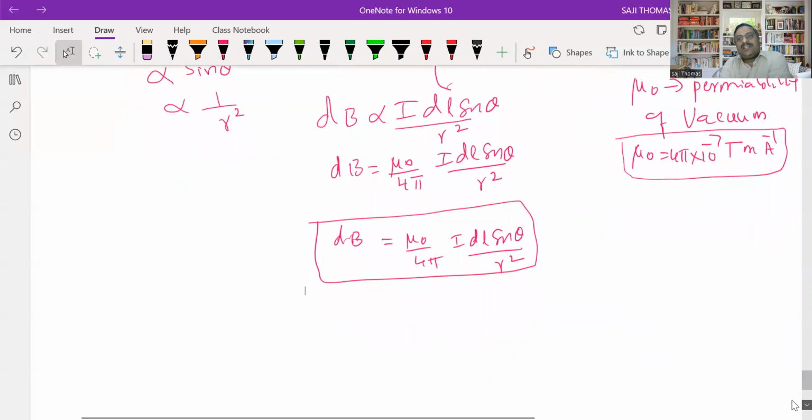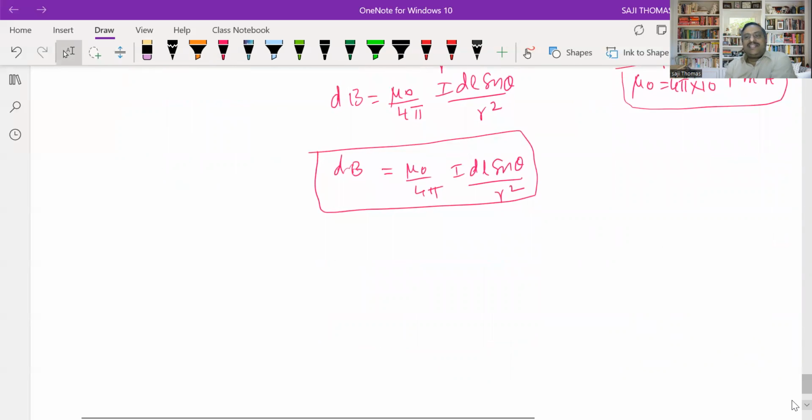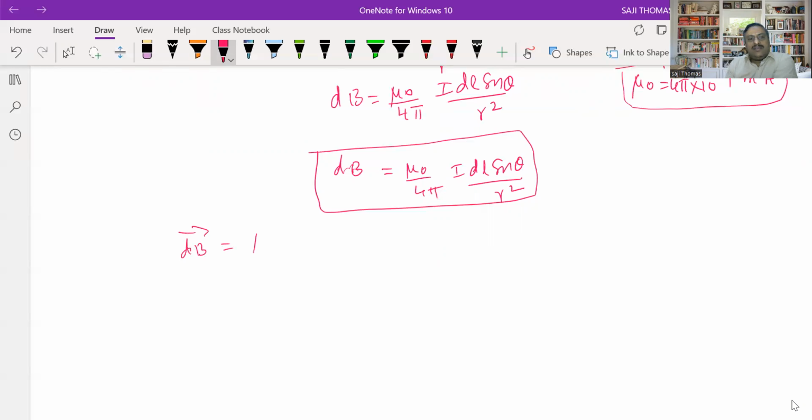Now we can express this magnetic field in vector form. In vector form, dB bar equals mu 0 by 4 pi I dl sin theta by r square, multiplied by a unit vector r hat.